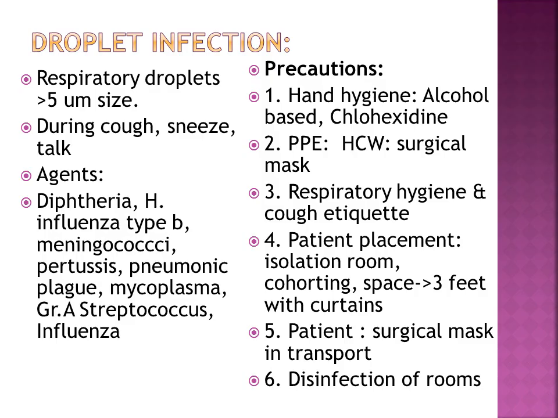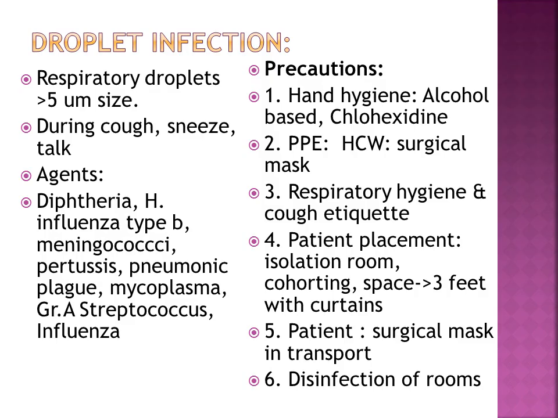The precautions we have to take here: first hand hygiene, alcohol based or chlorhexidine based. Then personal protective equipment, healthcare workers should wear a surgical mask. Respiratory hygiene and cough etiquette, that is proper cough procedure using clean cloth or tissue paper, and while coughing you should cover your mouth and nose.